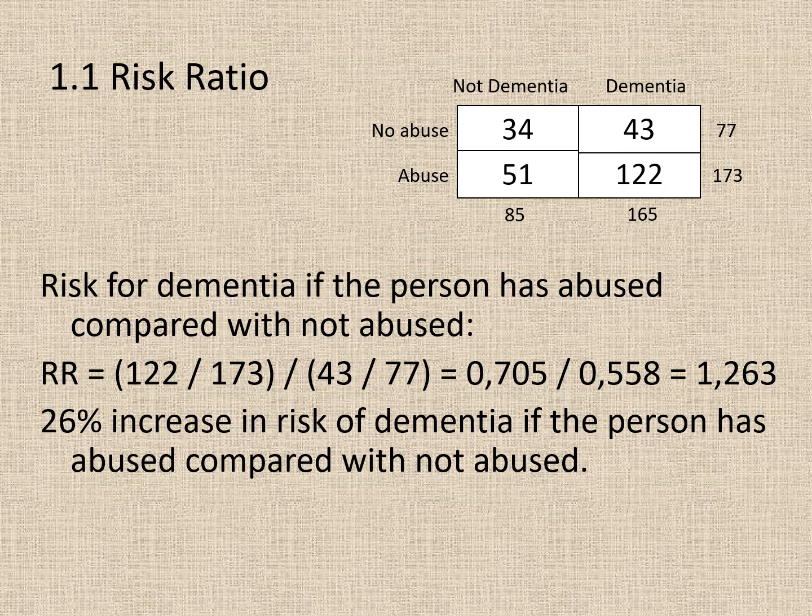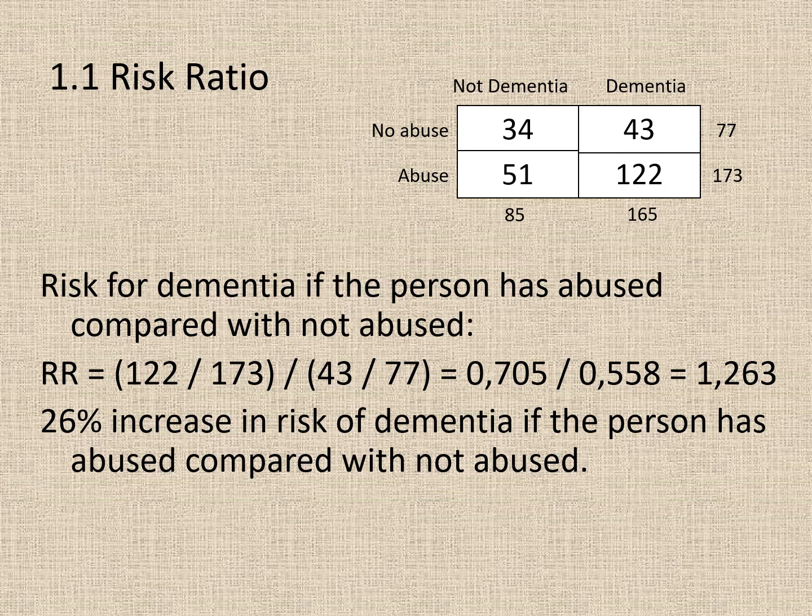So the risk of dementia if you have abused, 122 divided by 173, so 70.5%. And the risk for dementia if you have not abused, 43 divided by 77. That is 55.8%.